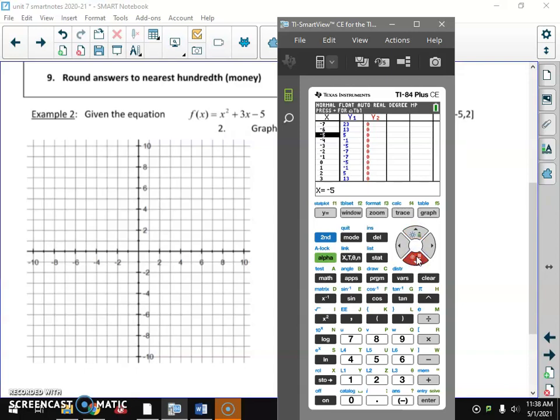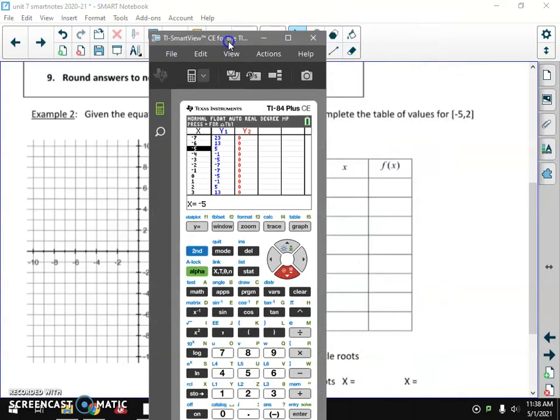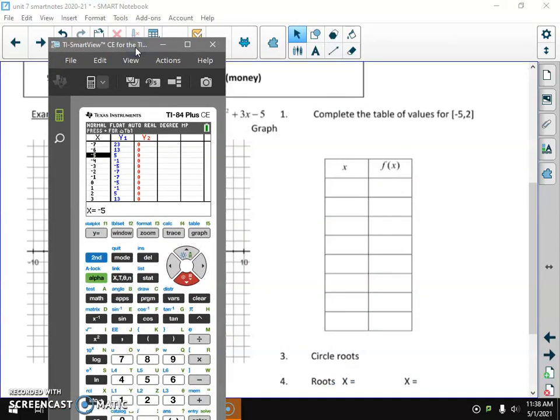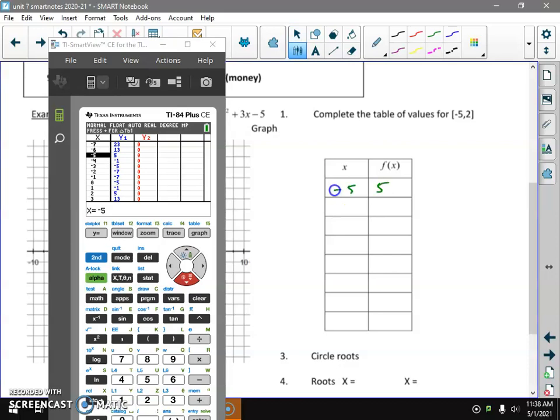So I'm going to start here at -5, 5 and go all the way to 2, 5. -4, -1. -3, -5. -2, -7. This is an interesting one for another reason too, and we'll talk about it. -2, -7, 0, -5, 1, -1, and 2, 5.